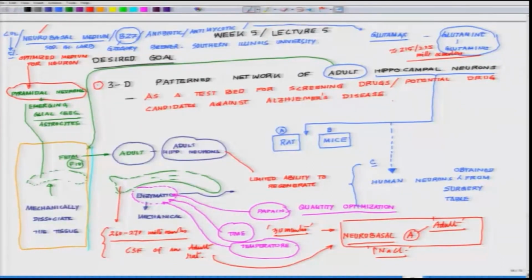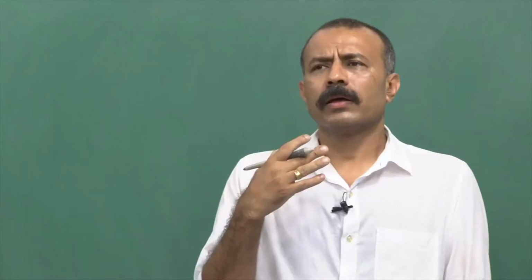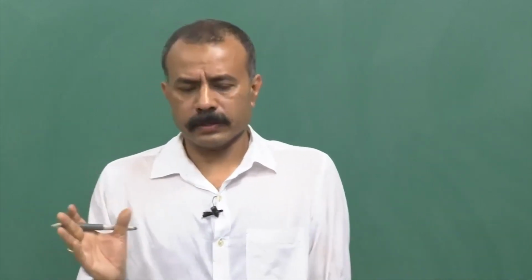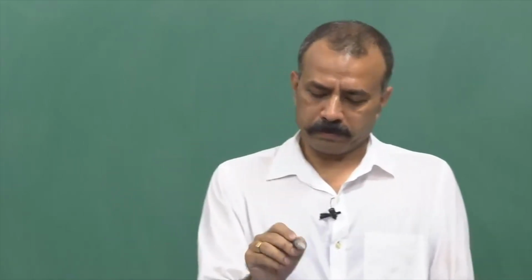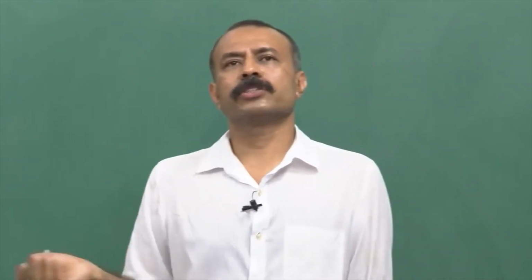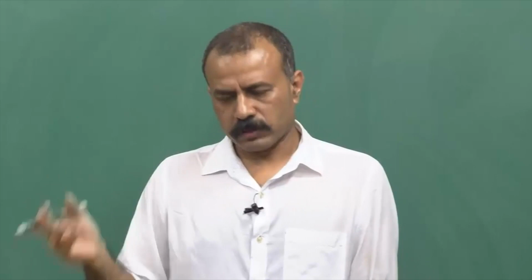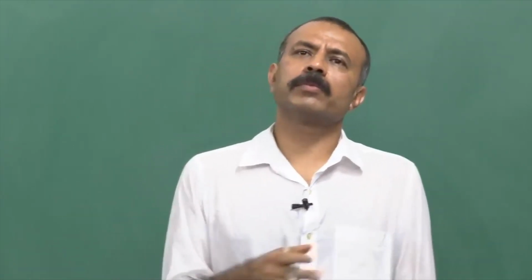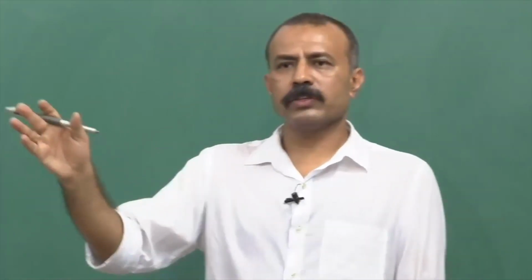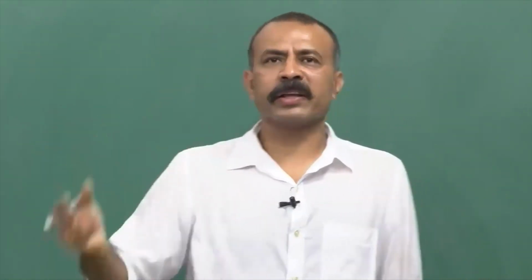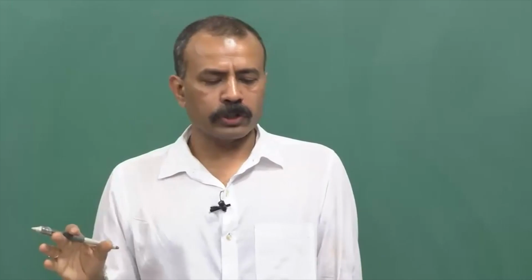Alzheimer's disease here is just a test case. You can make it Parkinson's, in which case your hippocampal neuron culture will become substantia nigra, or you can take liver cell culture, where the disease will change, or pancreatic cell culture, where the conditions are going to change.